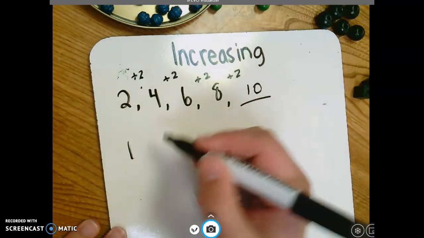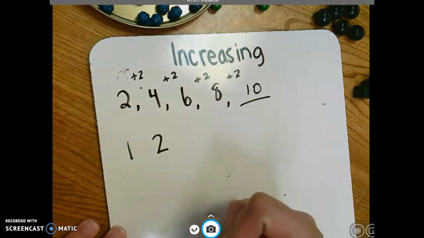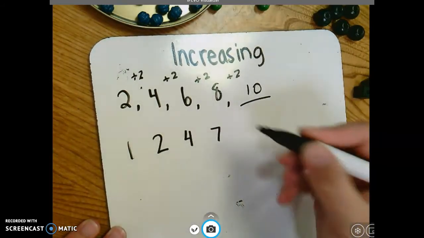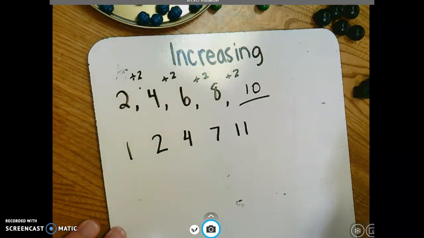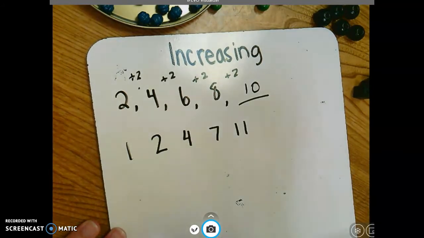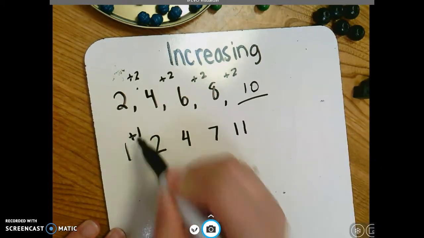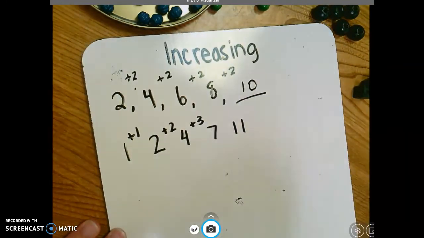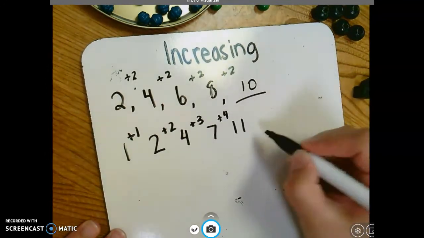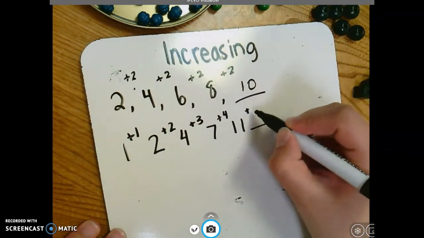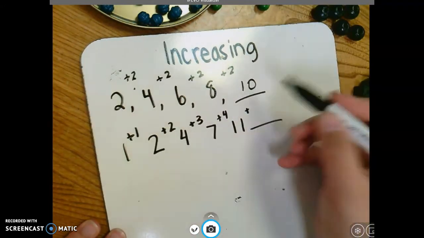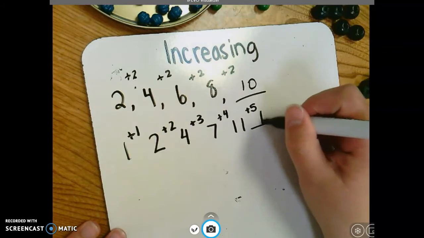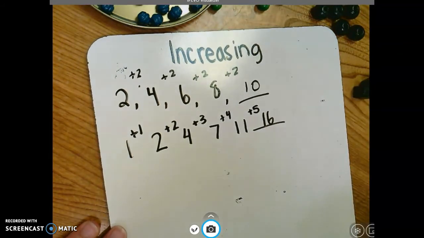We could do 1, and then 2, and then 4, 7, 11. So what happened here? We added 1, then we added 2, then we added 3, then we added 4. So what would be next? We're increasing this by 1. This would be adding 5. And then with that, we can figure out that our next number would be 16.